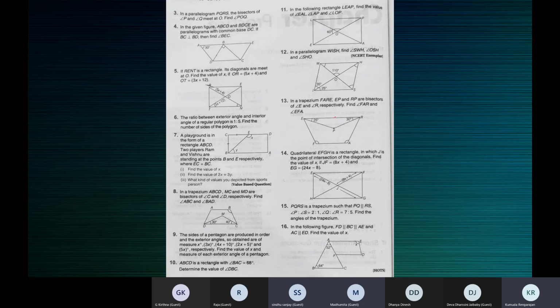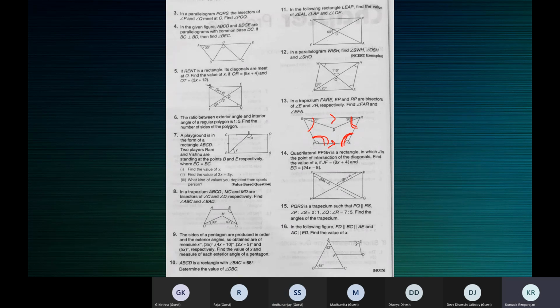So this angle and this angle, their sum is 180 because they're co-interior angles. This angle plus 50 degrees is equal to 180, so this angle is 180 minus 50, 130 degrees. And here this angle plus 60 degrees is 180, so angle A is 180 minus 60, which is 120.